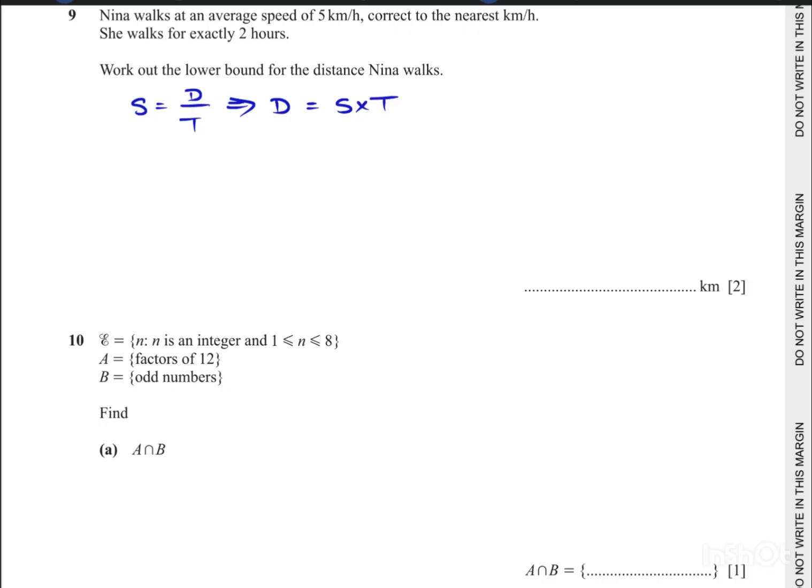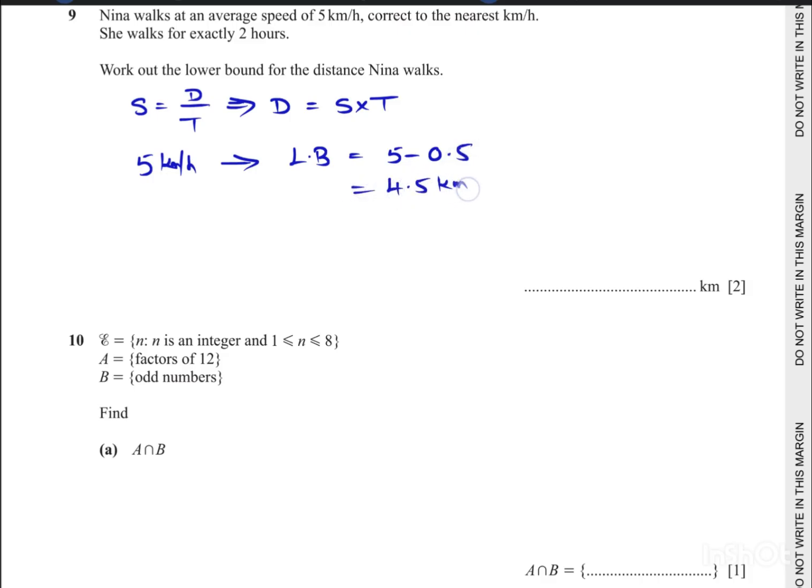Now we need to find the lower bound. So the lower bound of speed needs to be taken. The speed given is 5 kilometers per hour. So the lower bound for this, if it is to the nearest kilometer per hour, so half of a kilometer per hour is 0.5. If I subtract 0.5 from 5, I get 4.5.